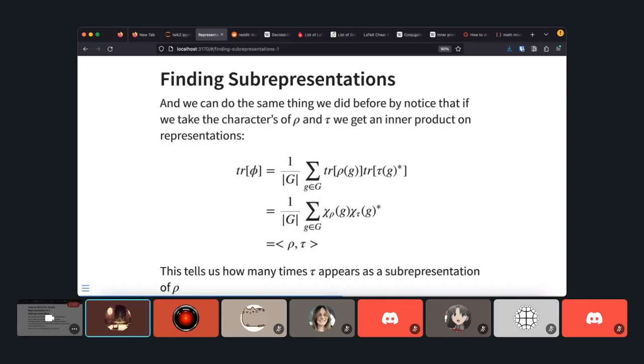If we take the trace of this new map, this average sum of matrix multiplications, then we have really properly turned it into an inner product.